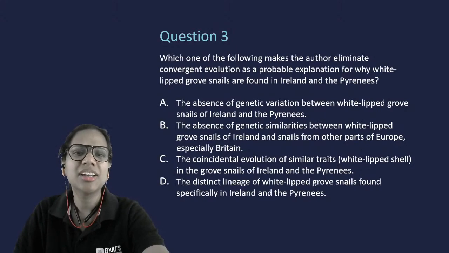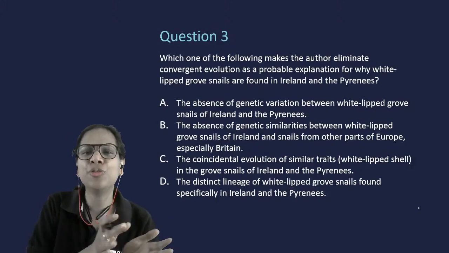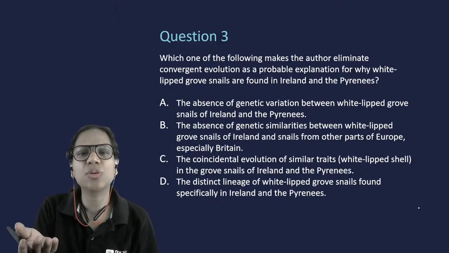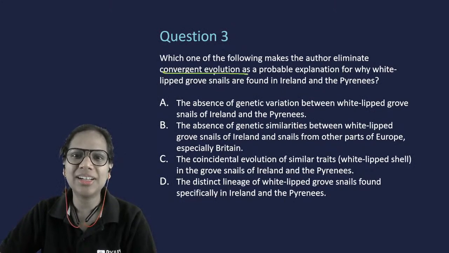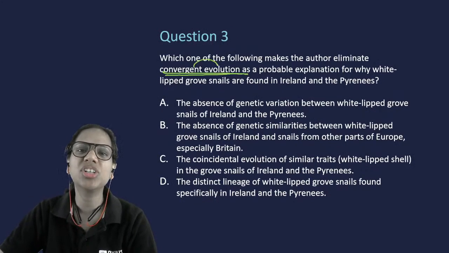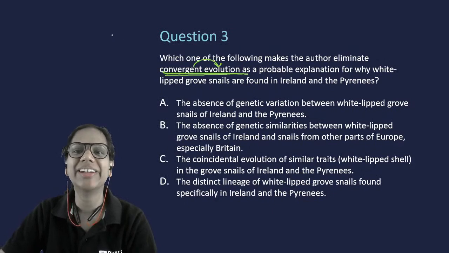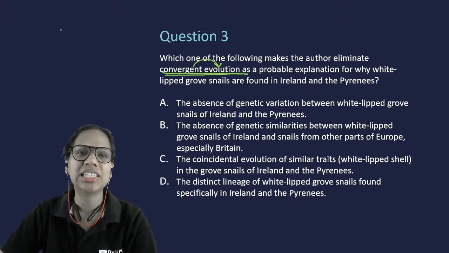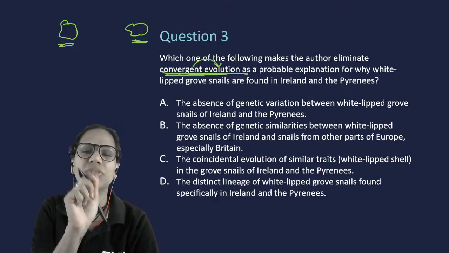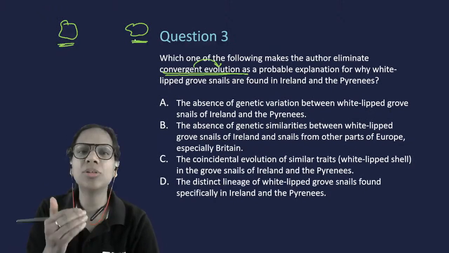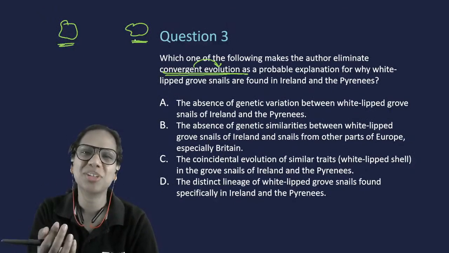Excellent. So if you've understood question two, then you understand question three as well, isn't it? The fact that there was no convergent evolution, no coincidence, when two organisms have coincidentally evolved one similar trait, like having white lips, does not mean that their other genes are also going to be similar, right?